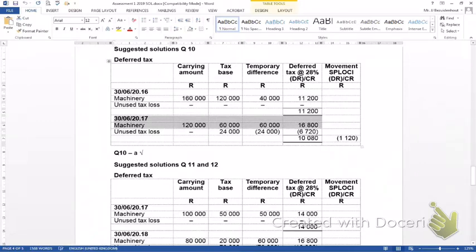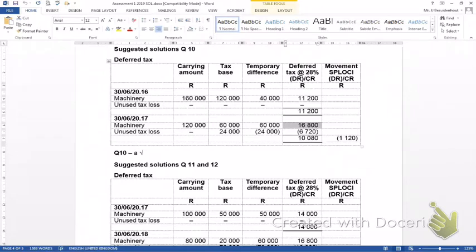You calculate the temporary differences: the 120 given minus the 60 tax base gives me a temporary difference of 60,000. 28% on that gives me the 16,800, being our deferred tax balance relating to, in this case, the machinery.